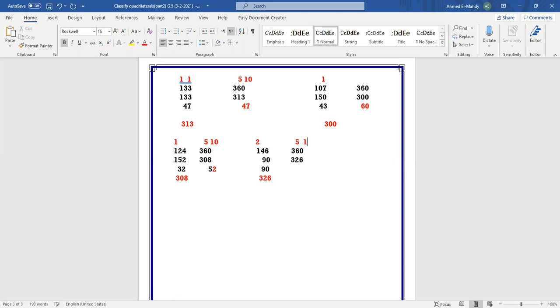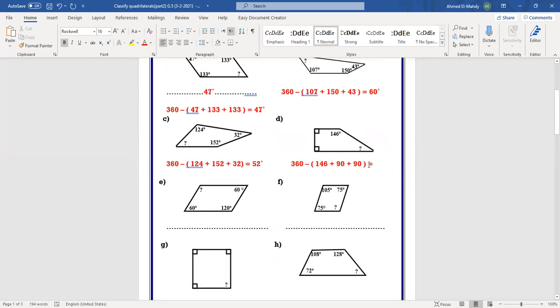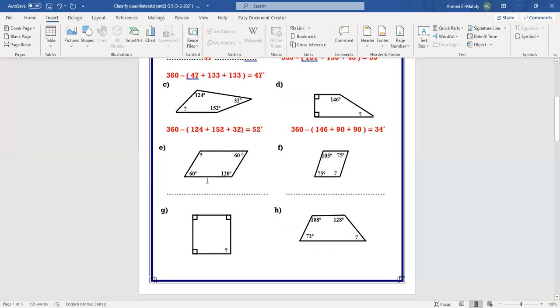Here will be 10. 10 minus 6 is 4. And then 5 minus 2 equals 3. And 3 minus 3 is 0. Then the result here will be 34 degrees. Thank you, Adi.